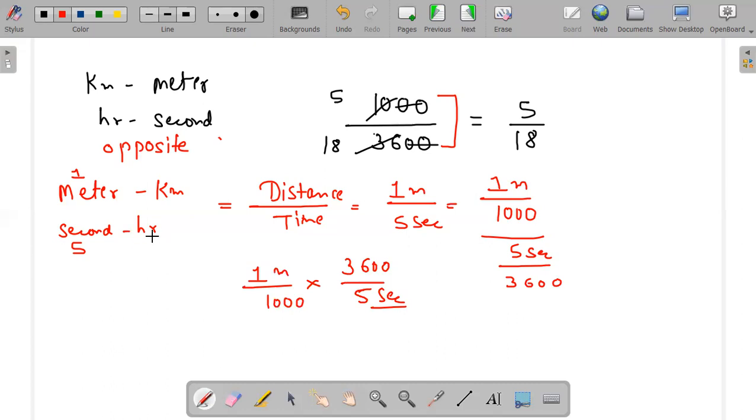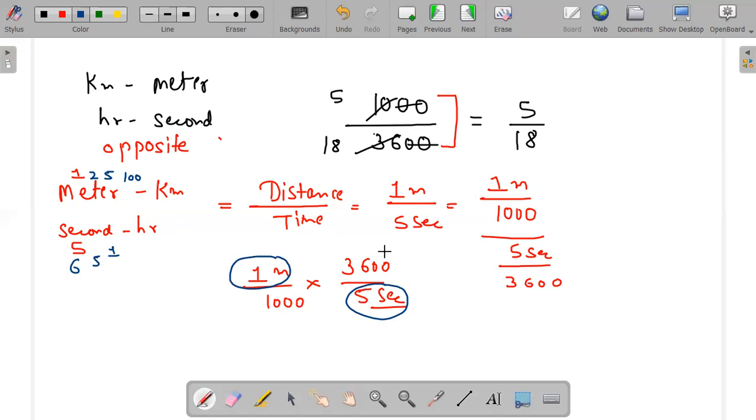Now one more thing, these two values can be changed. Instead of 1 meter, I can have 2 meter, 5 meter, 100 meter. And instead of 5 seconds in my question, I can have 6 seconds or 1 second. So these two values are changeable. They are always changing according to the question.